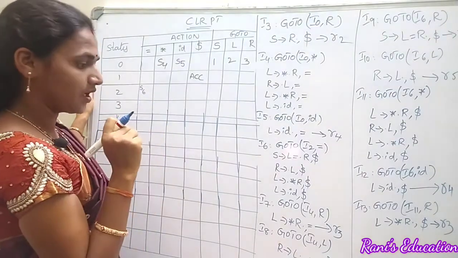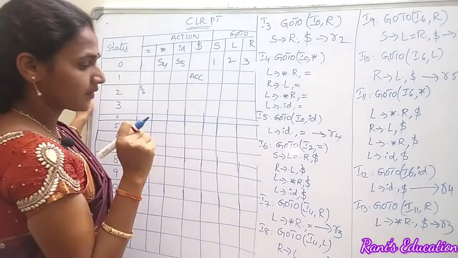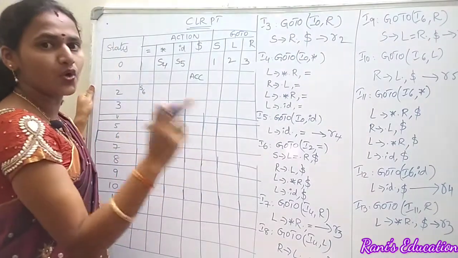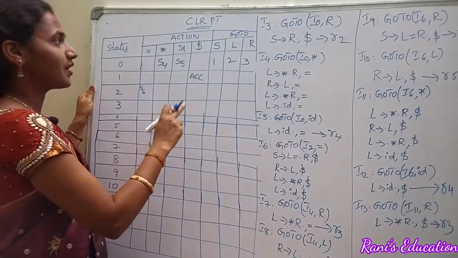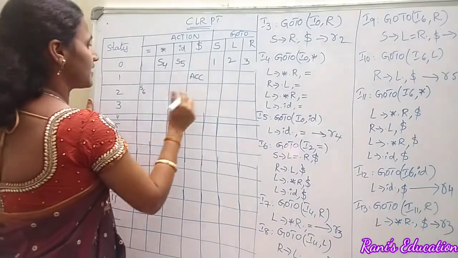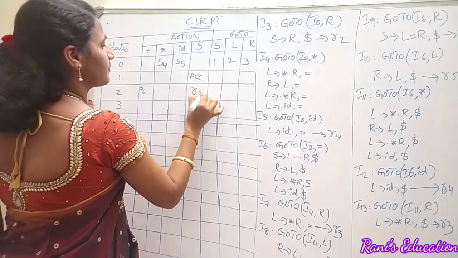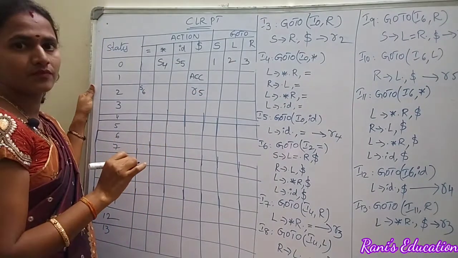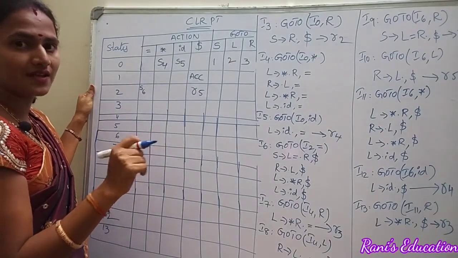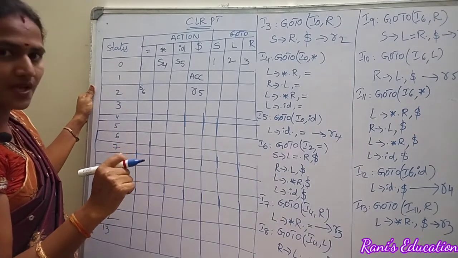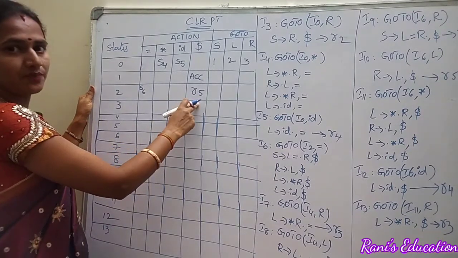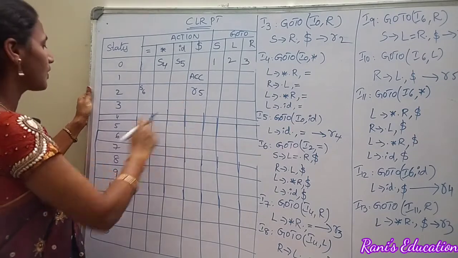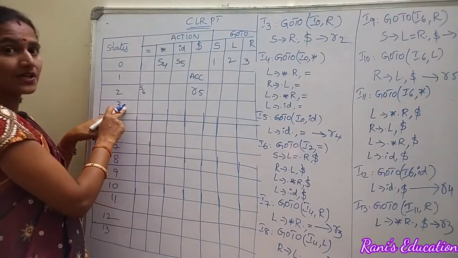So under dollar, you are going to write the reduction number as R5. That is what I have written here. R derives L, right? R5.